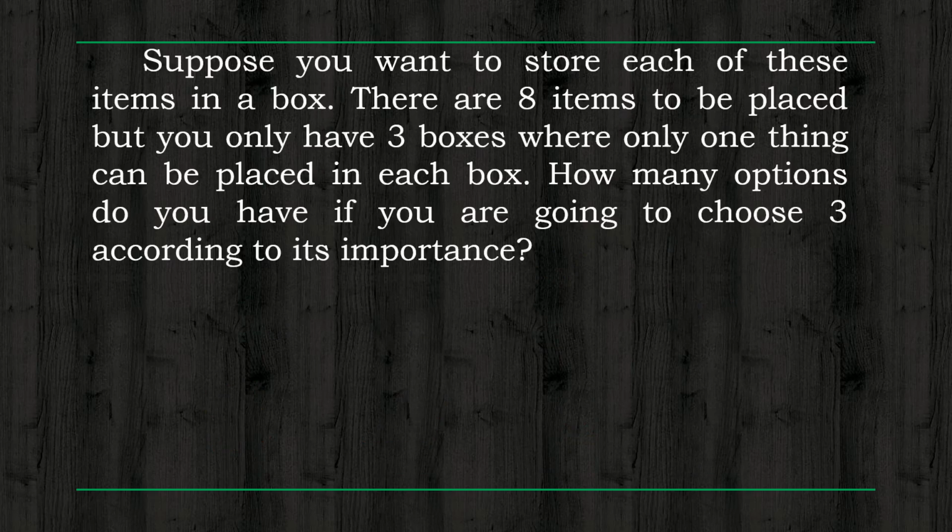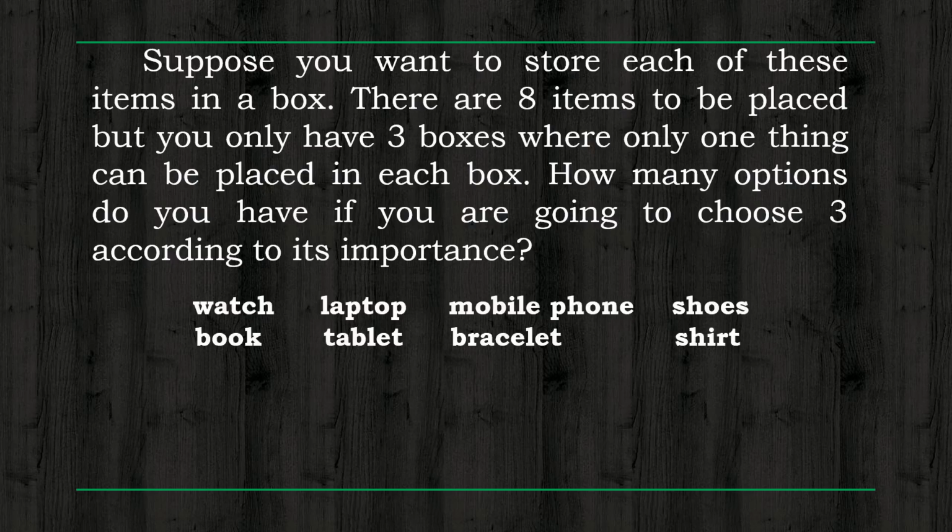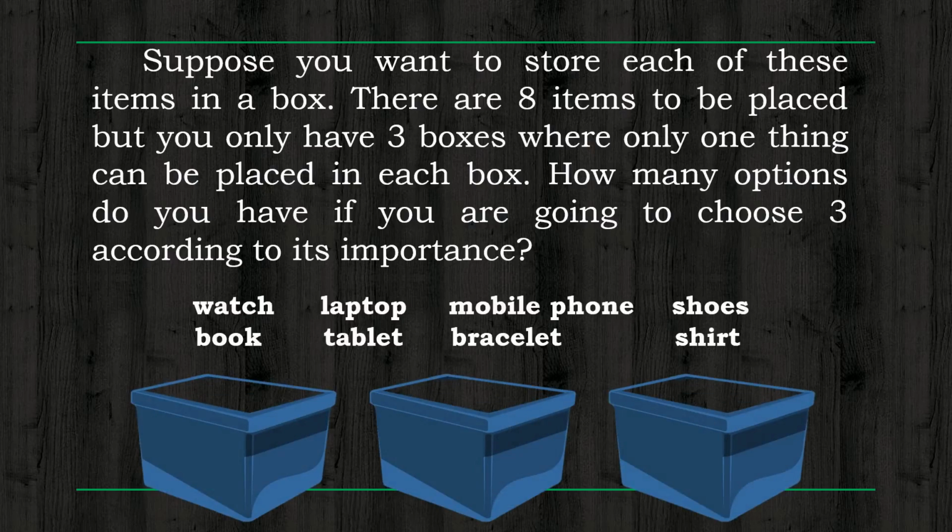Suppose that you want to store each of these items in a box. There are 8 items to be placed, but you only have 3 boxes where only one thing can be placed in each box. How many options do you have if you are going to choose 3 according to its importance?